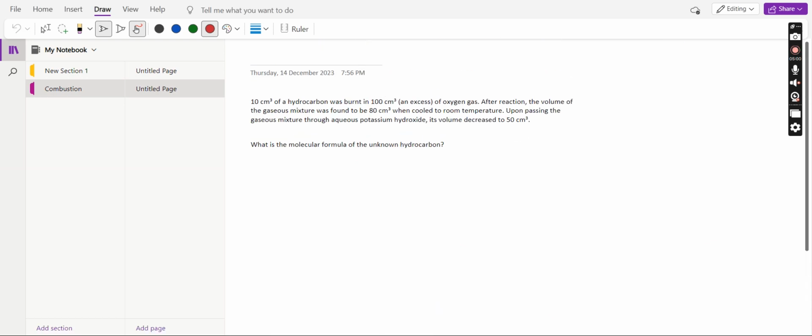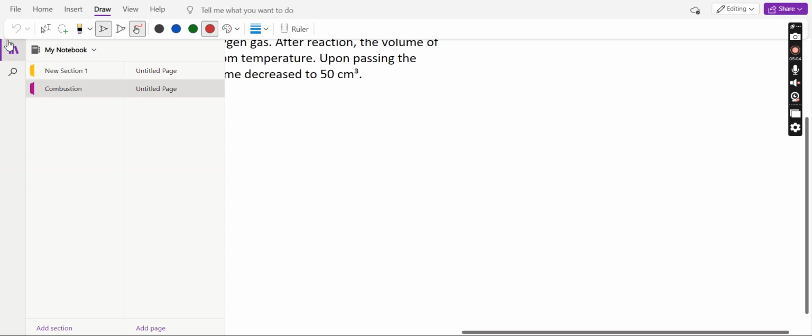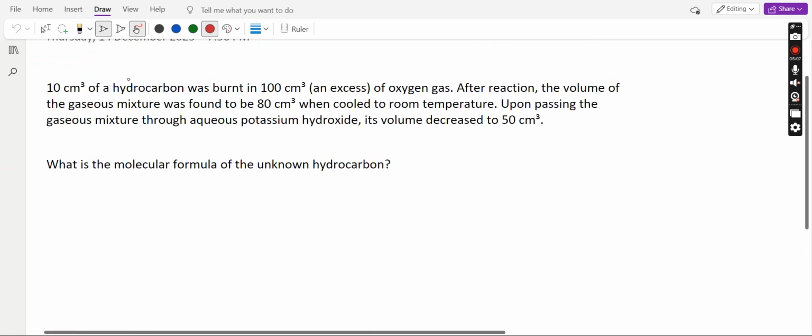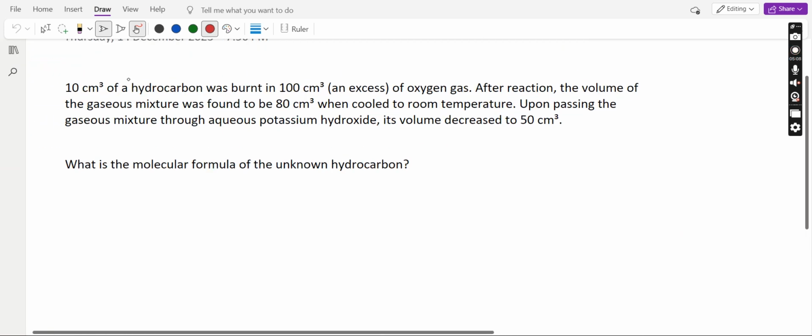This is how a typical question will look. Let me close this and move this up a bit. You have 10 cm cubed of hydrocarbon, so this is your CxHy, burned in excess oxygen gas, your O2.